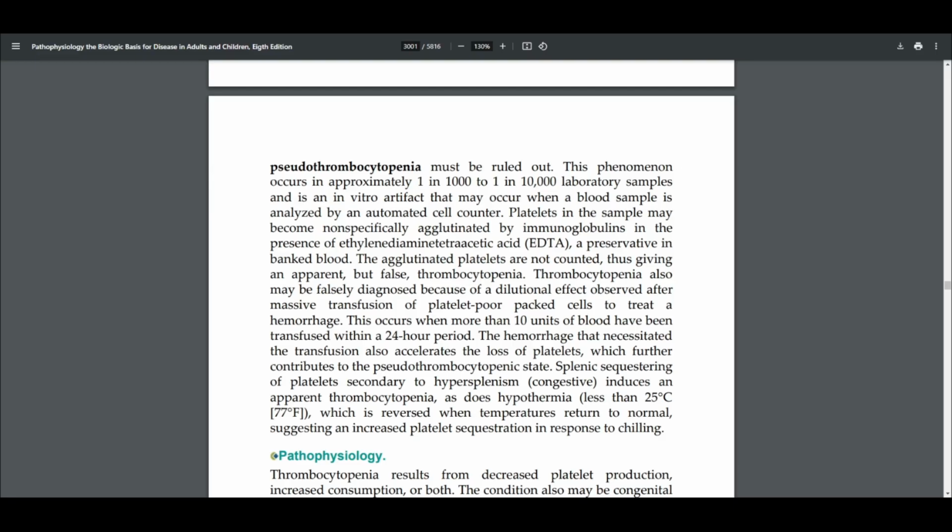Thrombocytopenia also may be falsely diagnosed because of a dilutional effect observed after massive blood transfusion of platelet-poor packed cells to treat a hemorrhage. This occurs when more than 10 units of blood have been transfused within a 24-hour period. The hemorrhage that necessitates the transfusion also accelerates the loss of platelets, which further contributes to the pseudothrombocytopenic state.